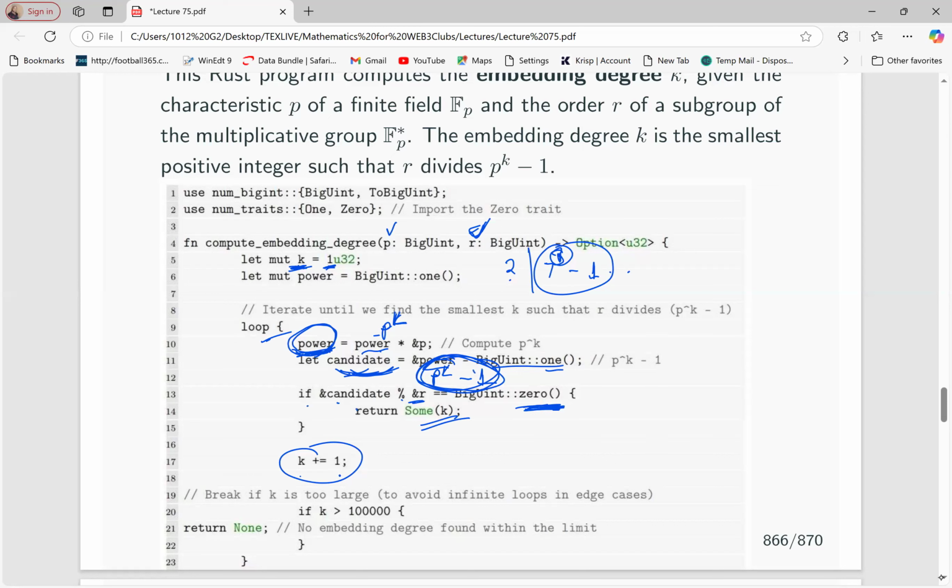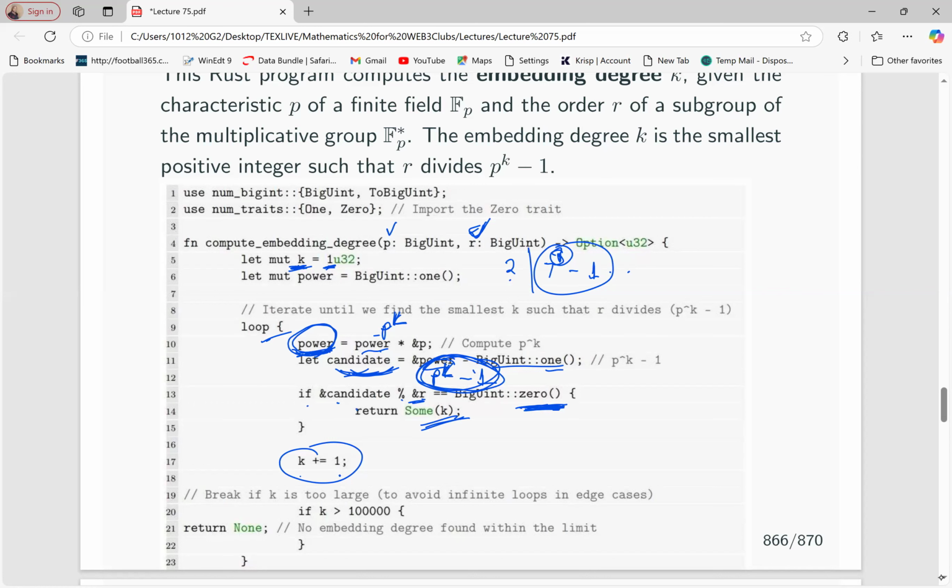In other words, r divides the candidate and the remainder is 0, then it means k here is what we are looking for, our embedding power.